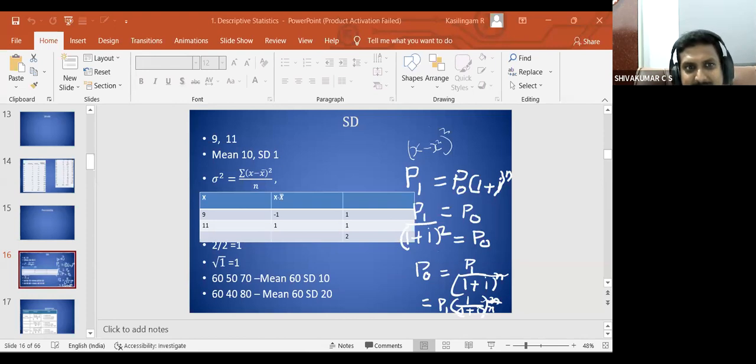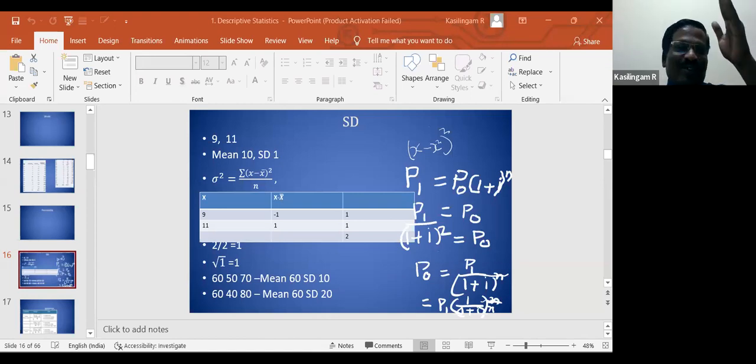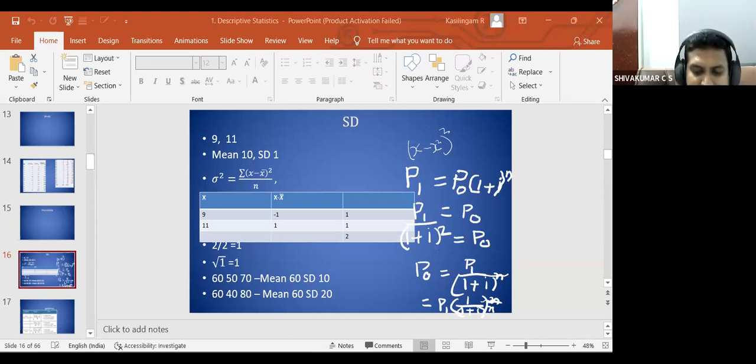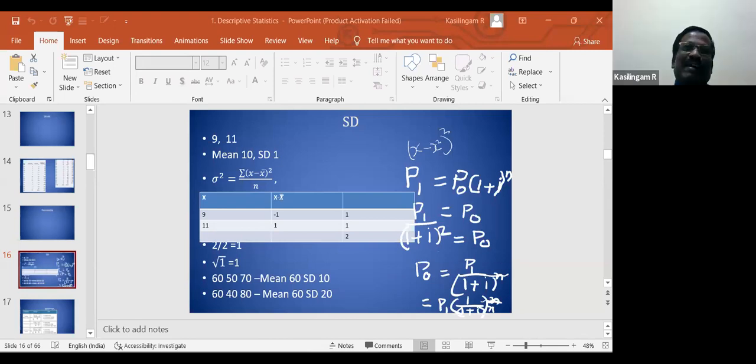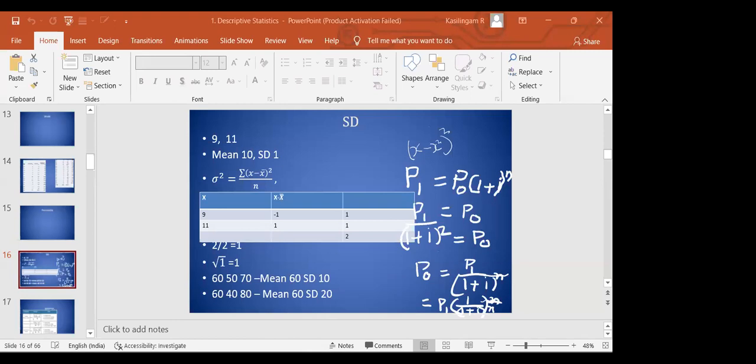Two categories, male and female. Don't say two variables, madam. The variable is only gender. Two categories, two options. Variable means gender is the variable, madam.